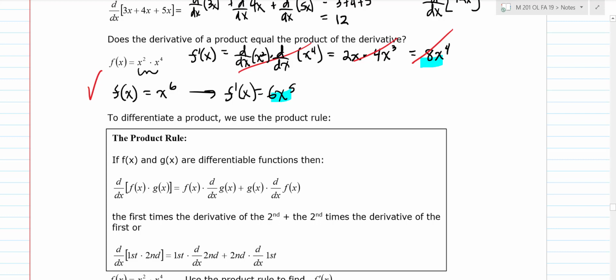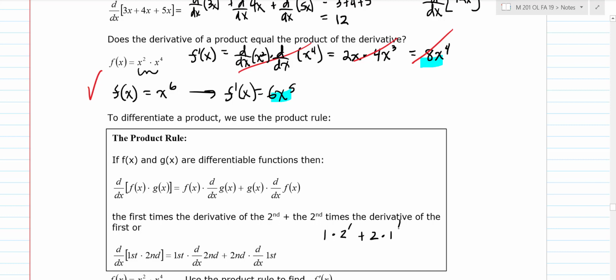So I look at it this way: the first times the derivative of the second plus the second times the derivative of the first, or in a shorthand notation like this: first, derivative of second, plus second, derivative of first. You'll do this throughout the semester.